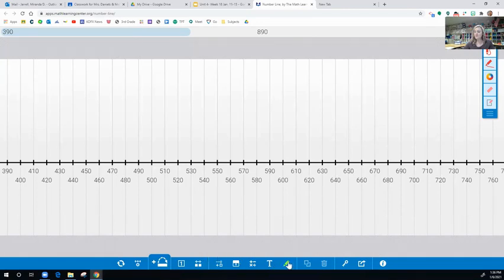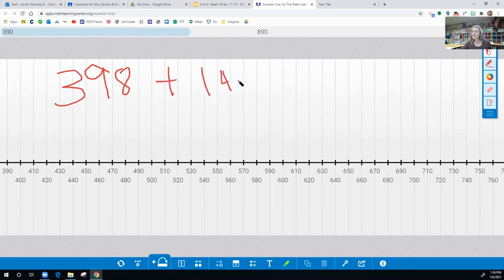So I'm going to use this 300. It should let me draw on this. 398 plus 149. So we're going to start here at 398, which is about right here.